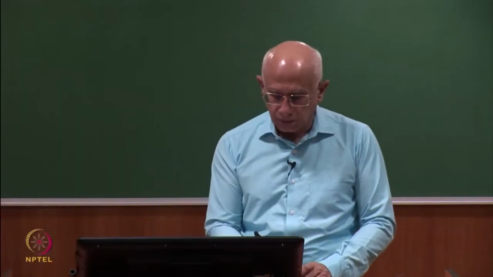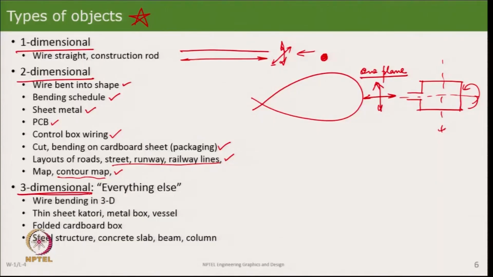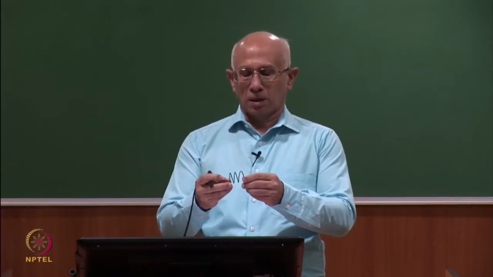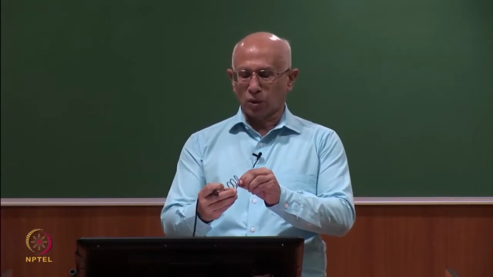Now, we come to three-dimensional objects, which, as I put here, is everything else, which is a lot of things. There is no way one can make a full listing of this, but to continue our example of the wire, which was straight and which was then bent, we now have here a coiled wire. The straight wire has been made into a coil.